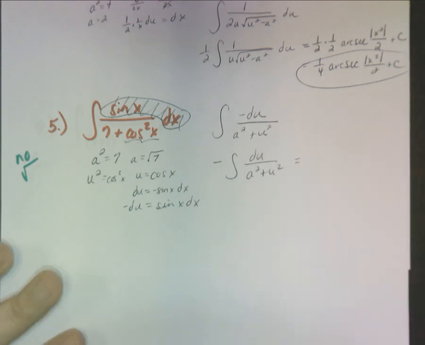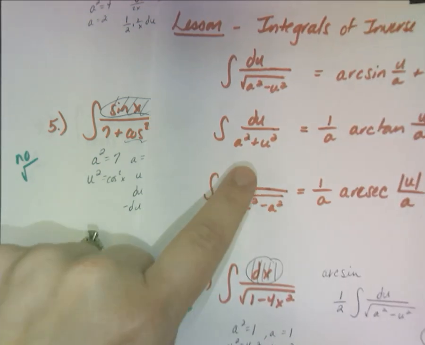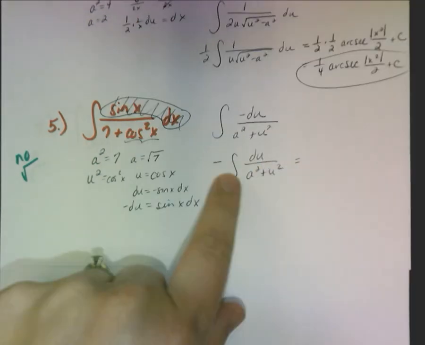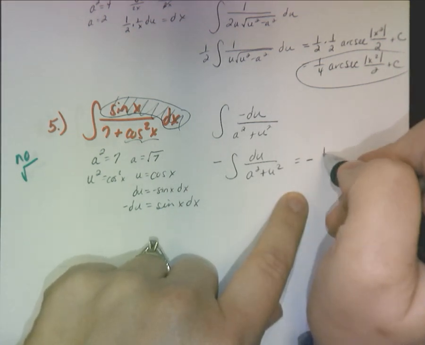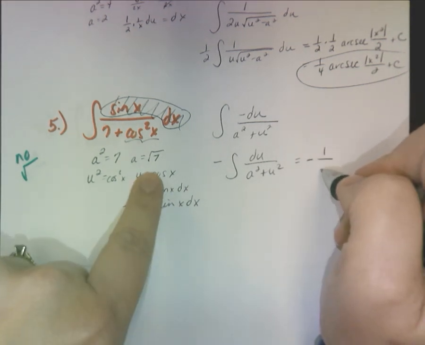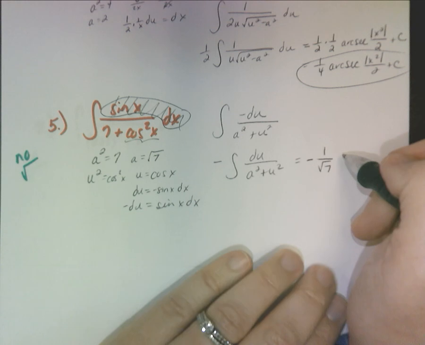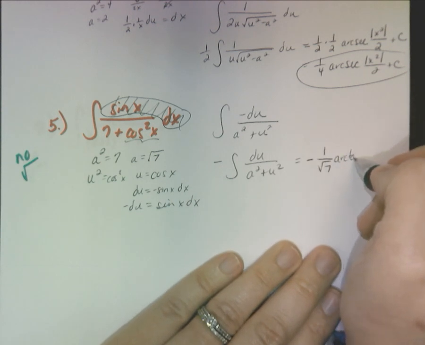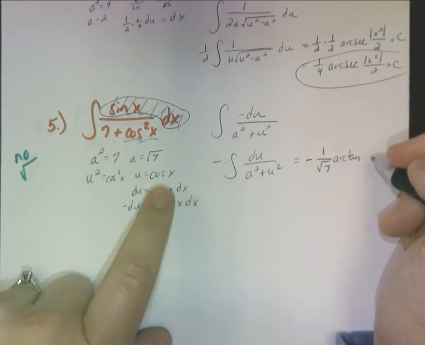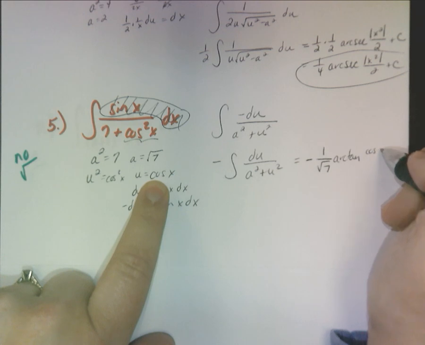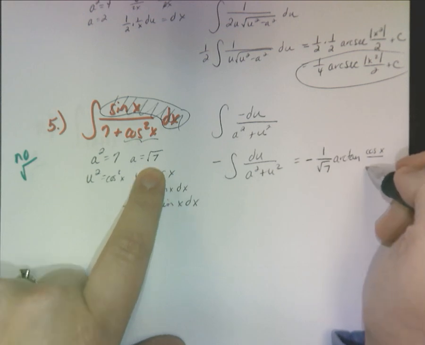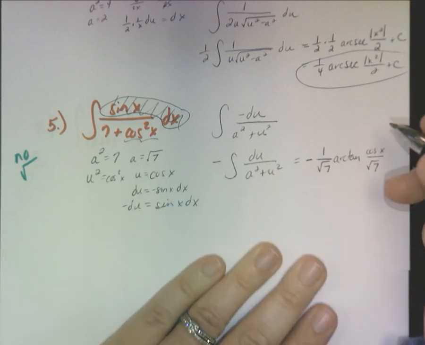So again, what does that integral equal? It equals 1 over a with a negative in front. So negative 1 over a, which is square root 7, arctan u over a, so cosine x over square root 7 plus c.